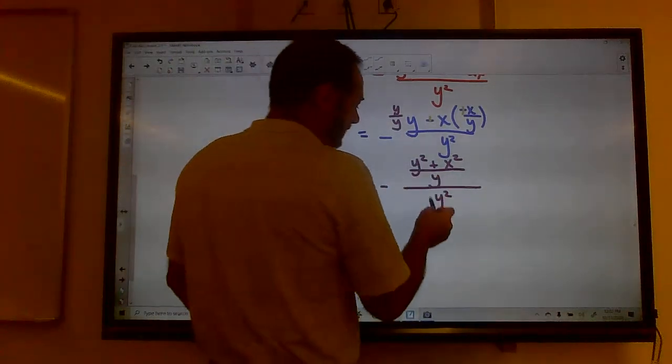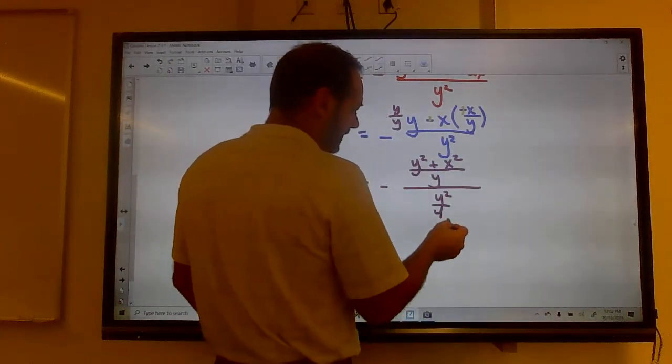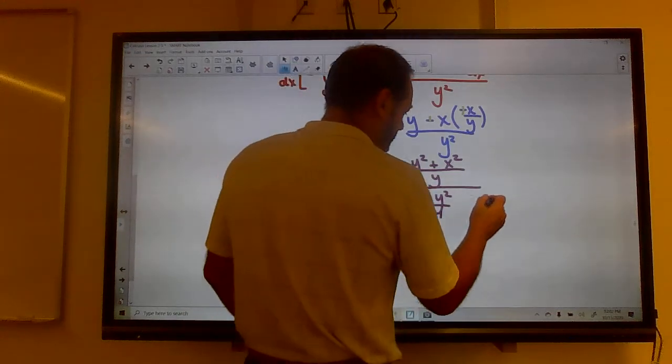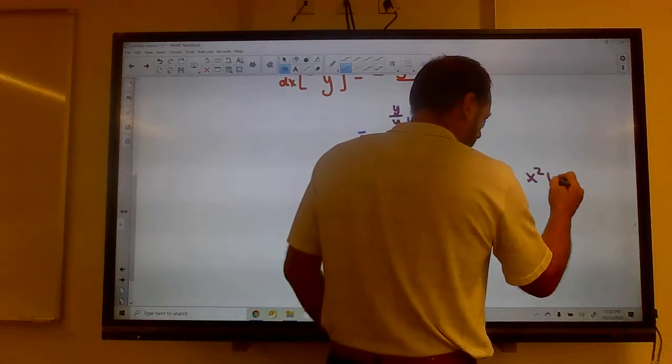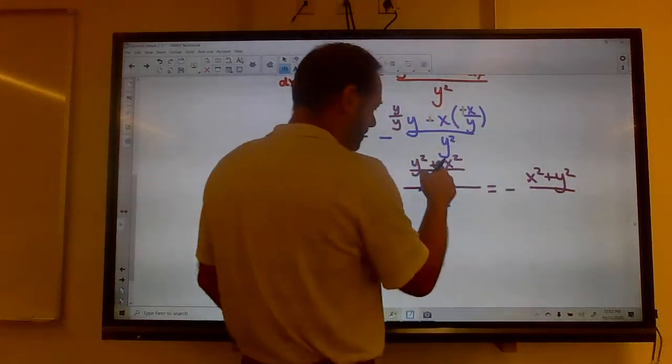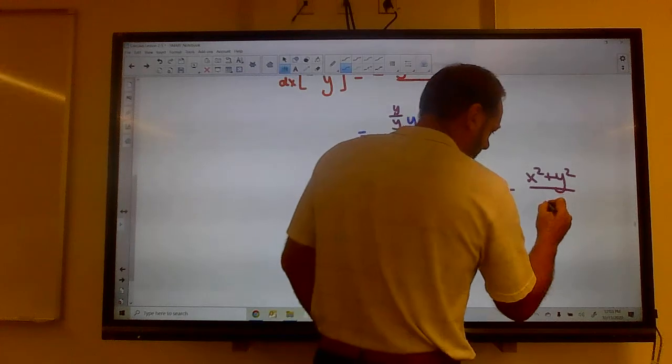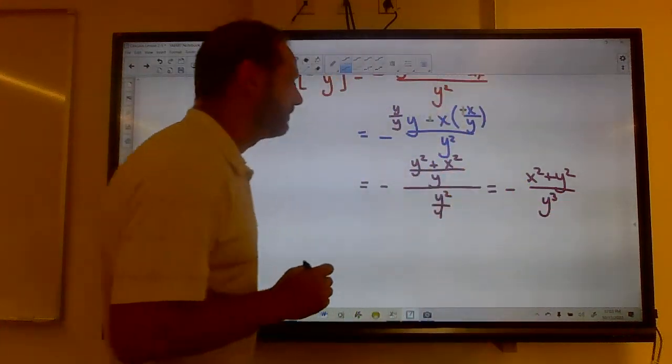Now remember, this is dividing two fractions. This is y squared over 1, so I can invert and multiply this. So this ends up being negative, I'm going to put the x squared first, x squared plus y squared on the top, and this ends up as a y cubed on the bottom.